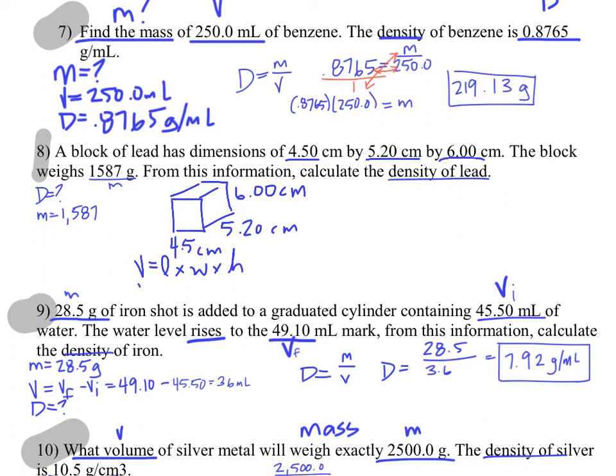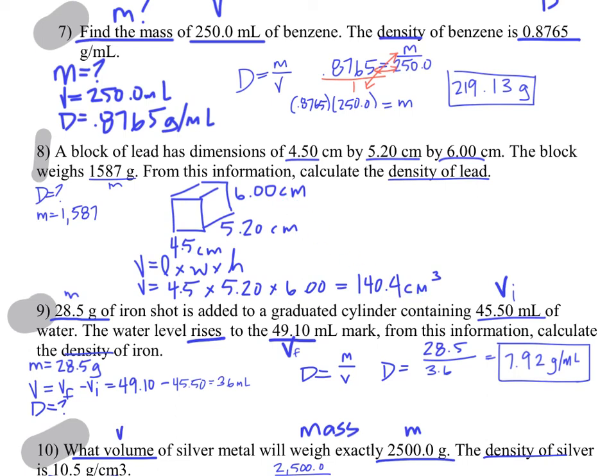So the volume is, and it doesn't matter which is which, we'll say 4.5 times 5.20 times 6.00. And when I multiply those together, 4.5 times 5.2 times 6, I get 140.4. And this is cubic centimeters because I've got centimeters times centimeters times centimeters, which is centimeters to the third power.